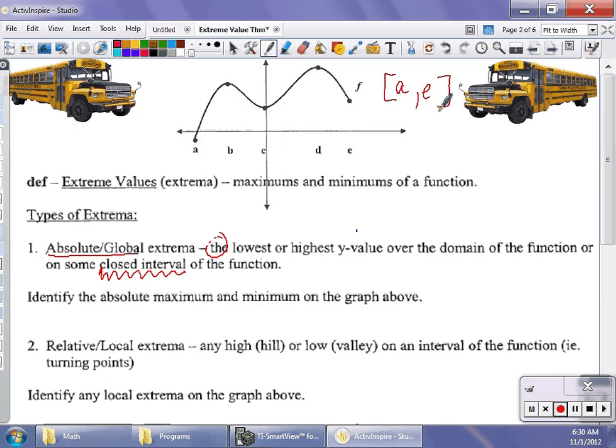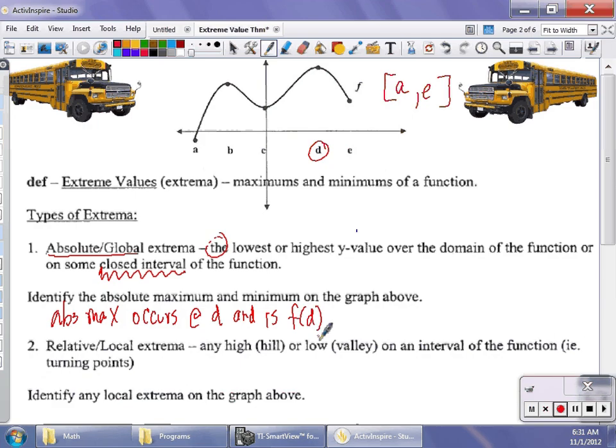The highest y value that we see occurs at D, and the y value itself is f of D. So the absolute max occurs, and this is important that you distinguish the difference between where it occurs and what it is.